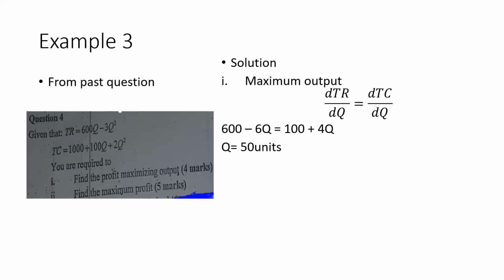So if I differentiate TR, I'll have 600 minus 6Q, right? And if I differentiate TC with respect to Q, I'll have 100 plus 4Q. So if I equate both to get the value of Q, at the end I'll get 50 units.